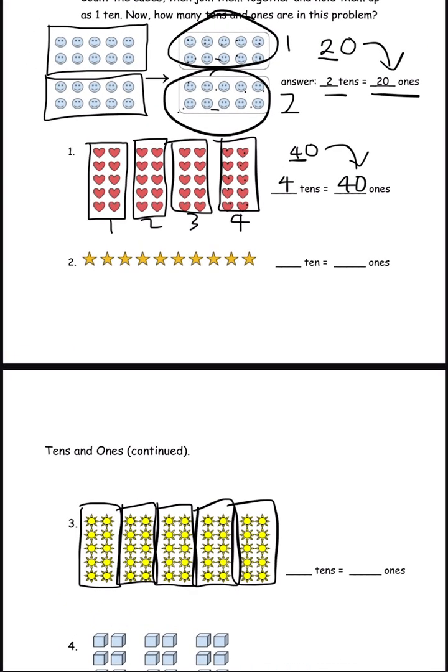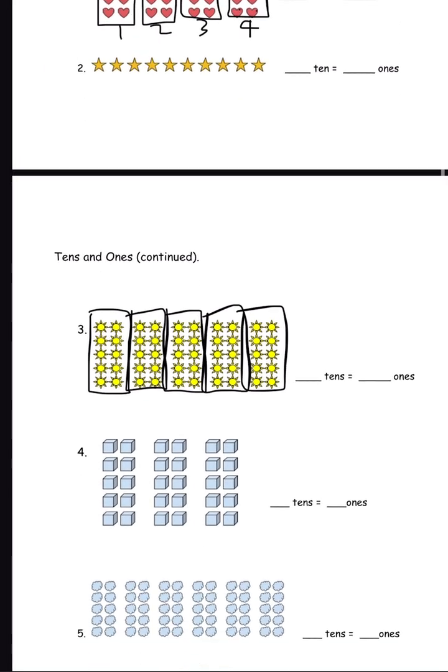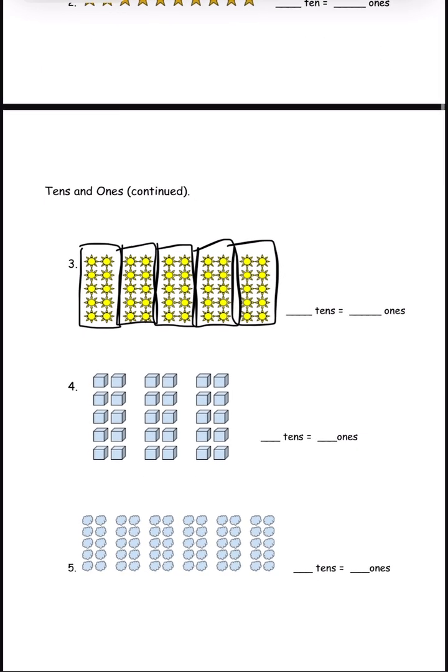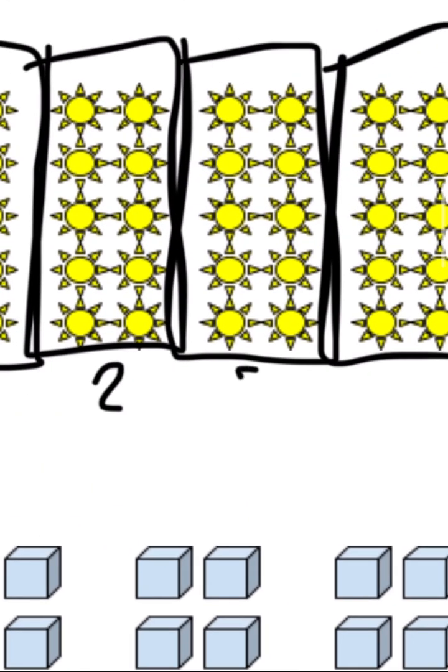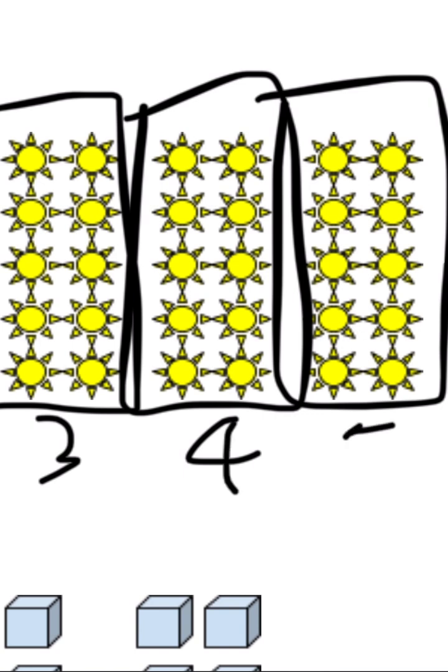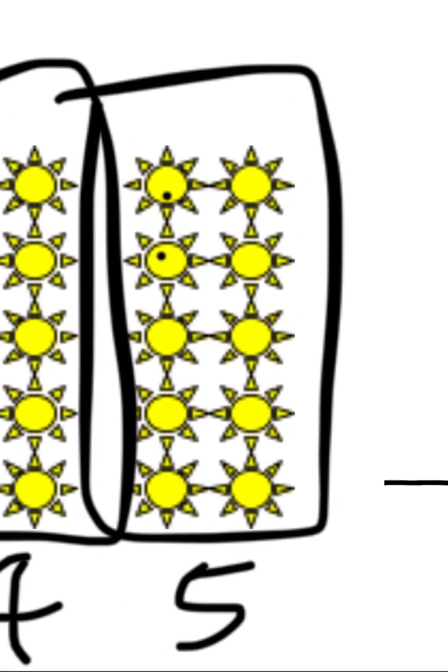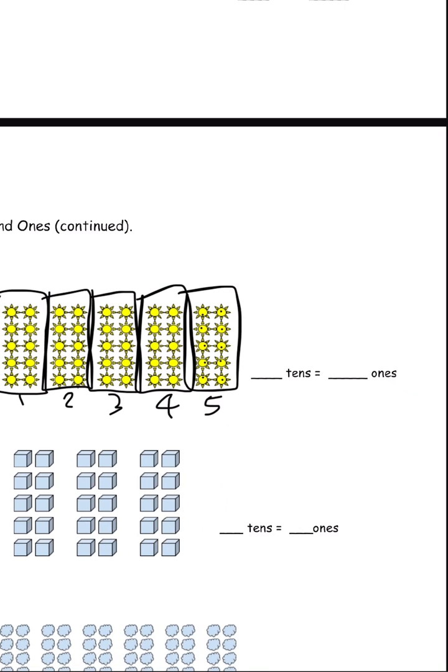So there are 5. 1, 2, 3, 4, 5. Which means that there are 1, 2, 3, 4, 5, 6, 7, 8, 9, 10. 10 of the same shapes in one cube, right?